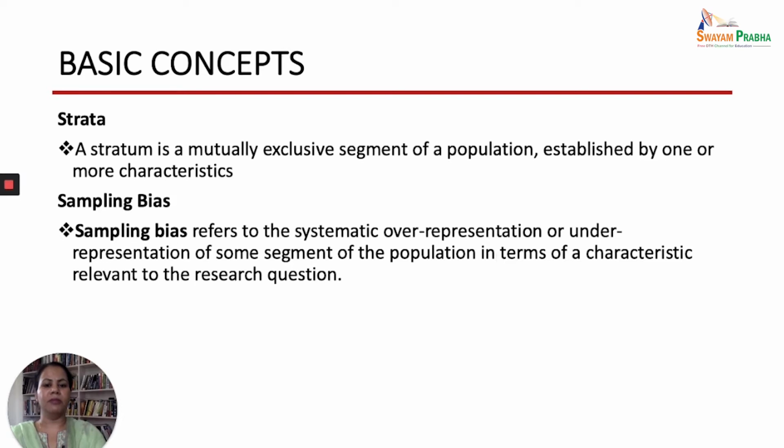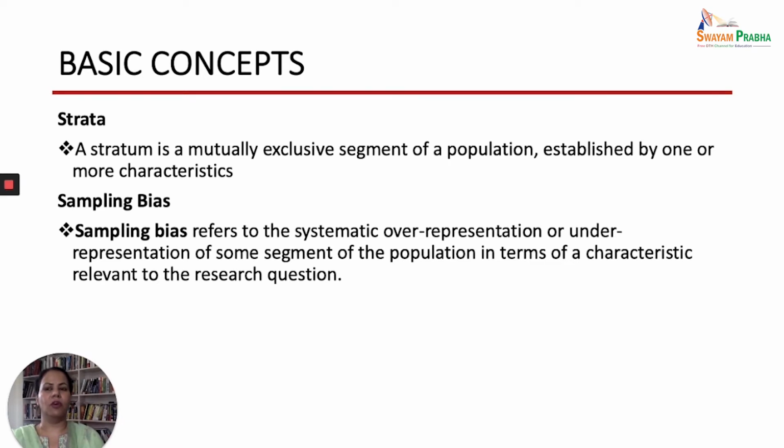And sometimes sampling bias might be added by the researcher if the researcher is selecting the subjects by his own choice, or if in the starting we have randomly selected, and then when we start including them in our study, we start deciding.